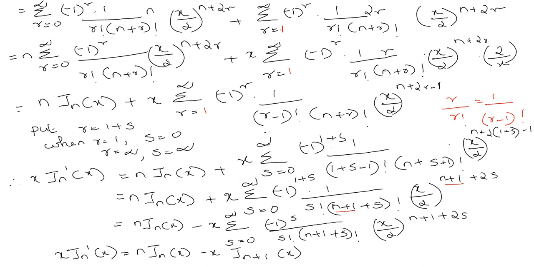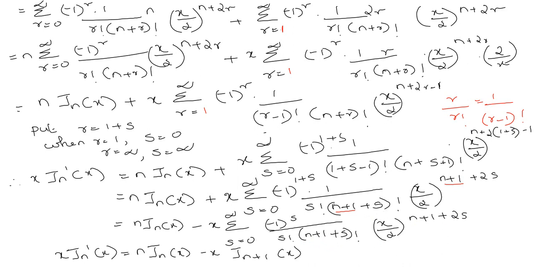So our equation is now n Jn of x minus x into sigma s is equal to 0 to infinity, minus 1 raised to s divided by s factorial into n plus 1 plus s factorial into x by 2 the whole raised to n plus 1 plus 2s.